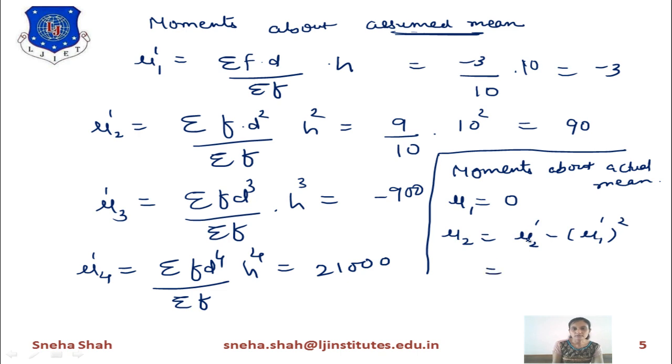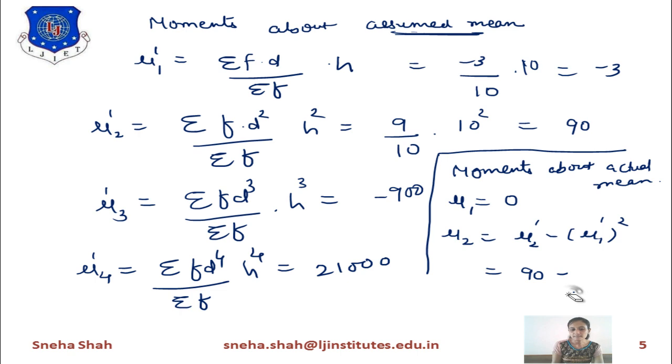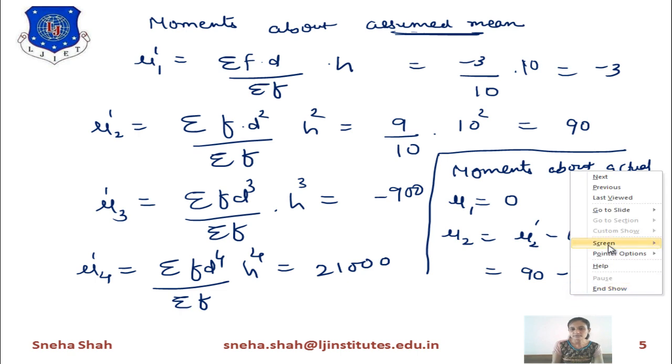What is the value of mu2 dash? Mu2 dash equals 90. So the value equals 90 minus mu1 dash square. The value of mu1 dash is minus 3, so minus 3 square means 9.